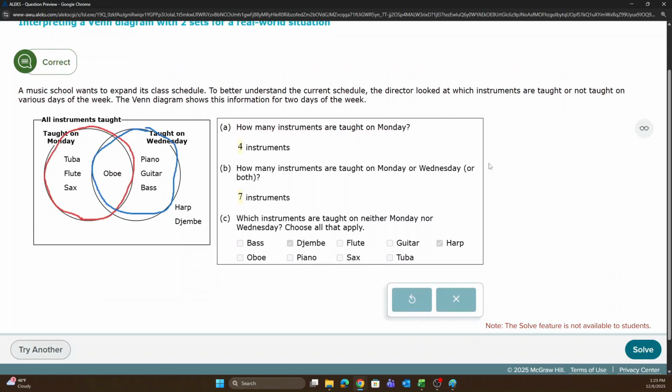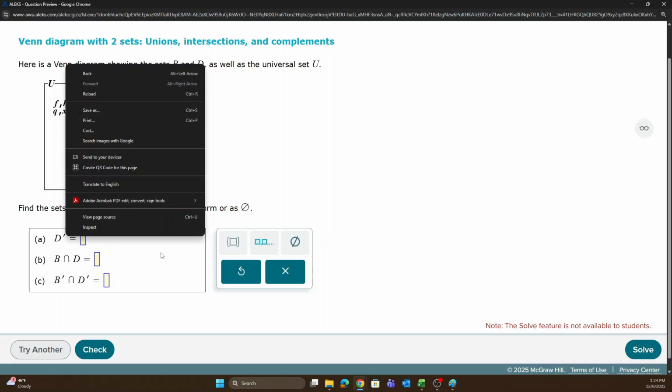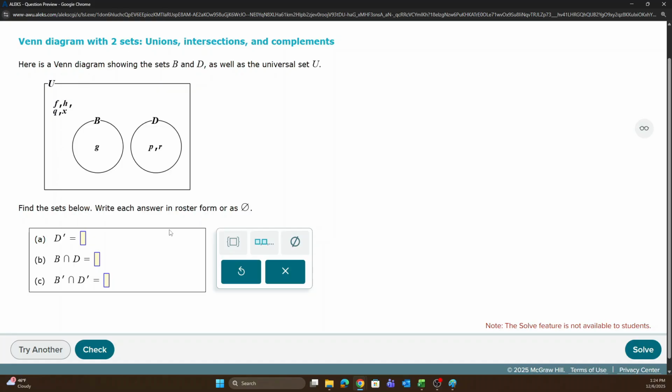All right, so let's go ahead and move on to the next problem set. All right, so here we're looking at two sets that are disjoint and the universal set, and we're looking for first D complement. So the complement of a set is everything outside of that set.